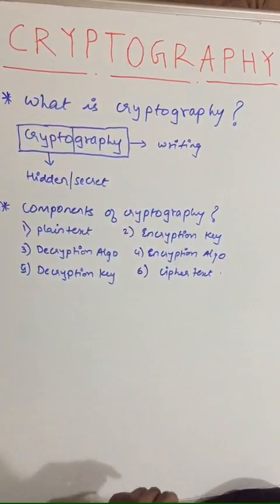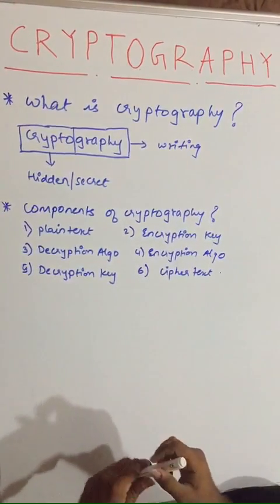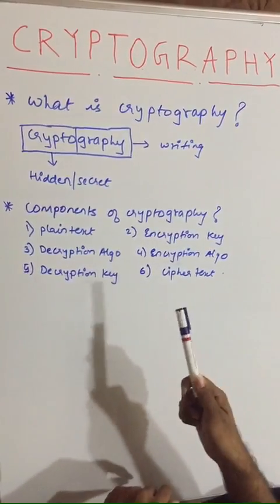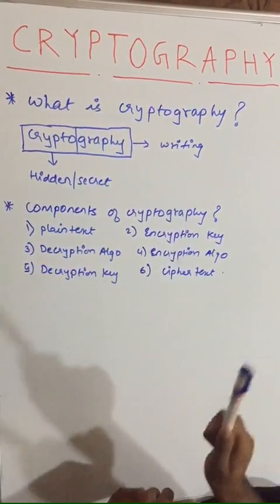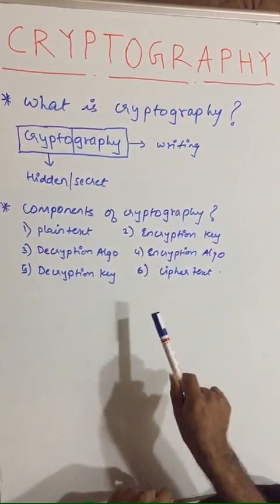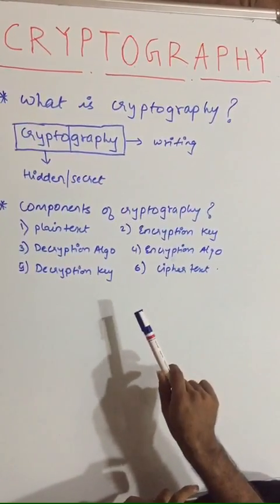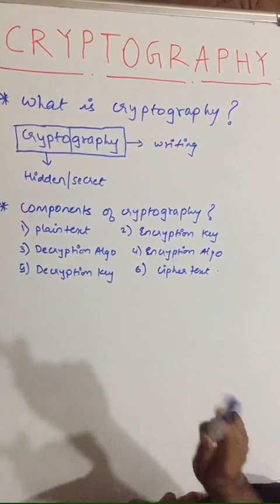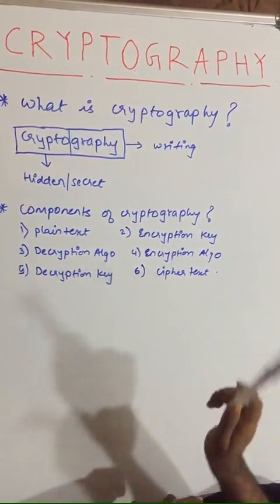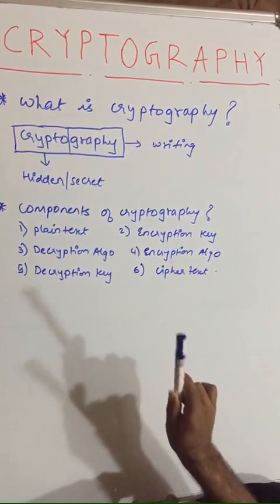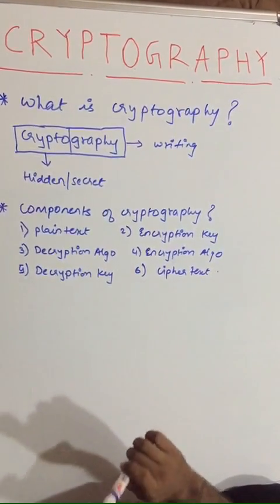All right. Another definition of cryptography is that it is a technique for communication between sender and receiver in such a way that no third party could recognize what the communication is. All right.